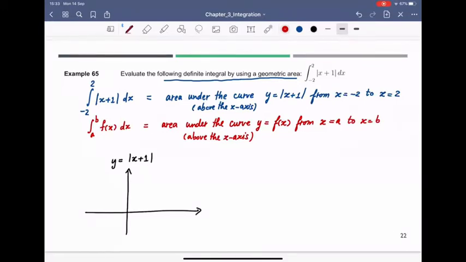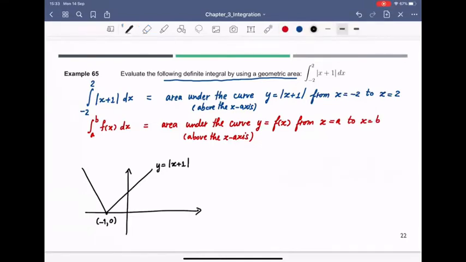So this is going to be my graph. All right, so that is my graph y equal to absolute value of x plus 1, and my vertex is going to be x equal to negative 1, y equal to 0. This is the same graph as y equal to absolute value of x, but shifted to the left by 1 because I have x plus 1 inside the absolute value.